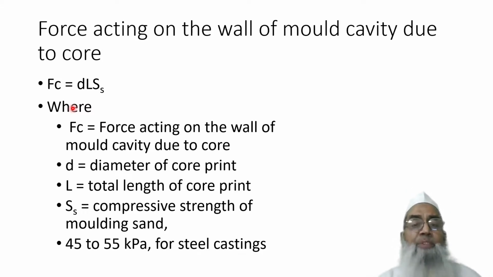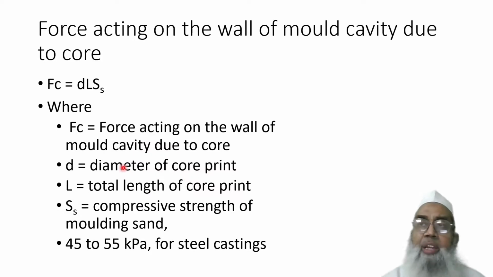D is the diameter of the core print, L is the total length of the core print, and S is the compressive strength of the molding sand, which comes out to be 45 to 55 kilopascal for steel casting. Now we know the diameter of the core, which can be the diameter of the hole we need, and L is the length of the core print.